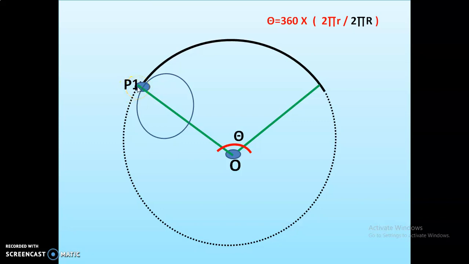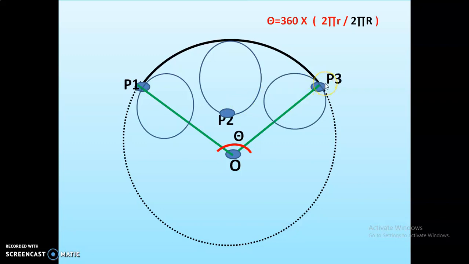After completion of half revolution, the point comes down to this position, P2. In the next half revolution it comes up and again contacts the base circle at this position. This is P3. So here we got three points, P1, P2, P3. If we join these three points, we get the hypocycloid curve.